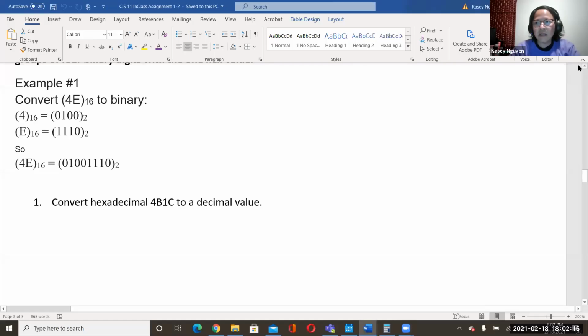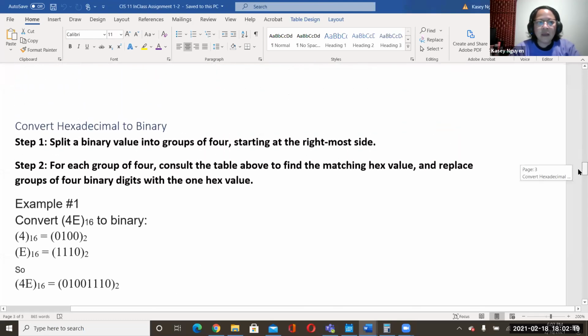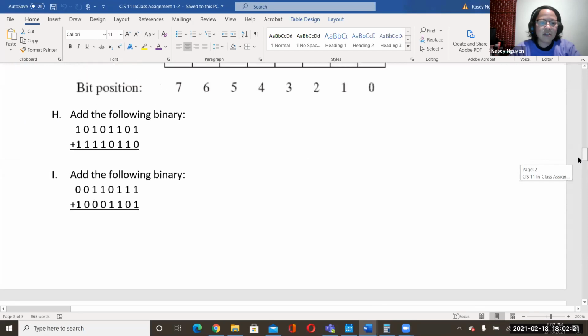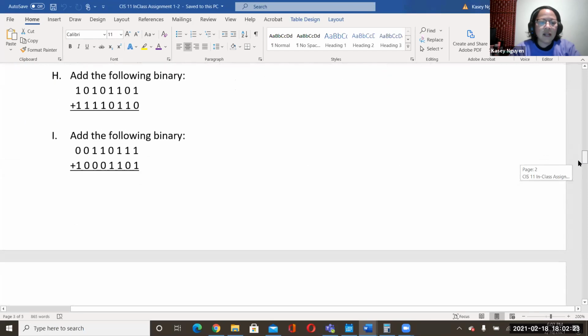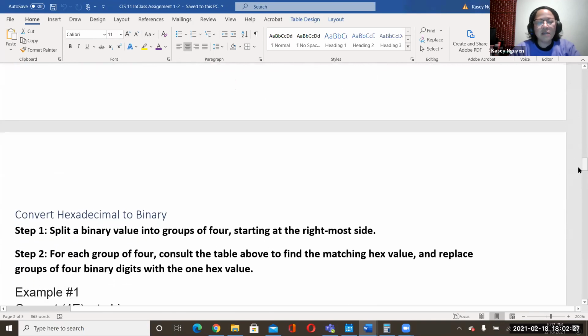So let me minimize everybody on Zoom here. We wrapped up the end of page 3, where we've completed the addition. Give me 1 second.